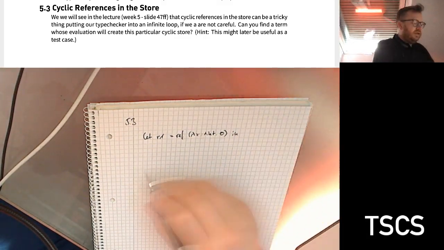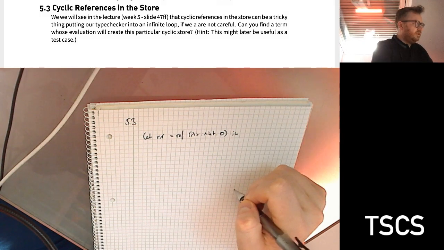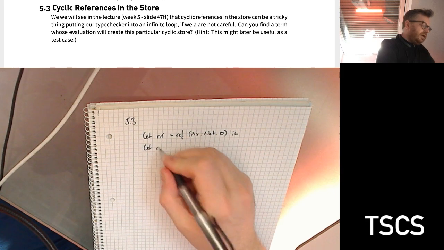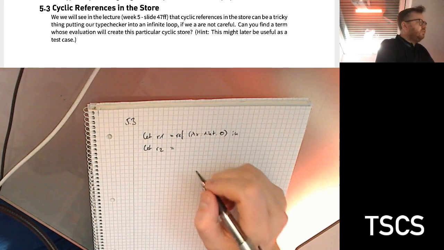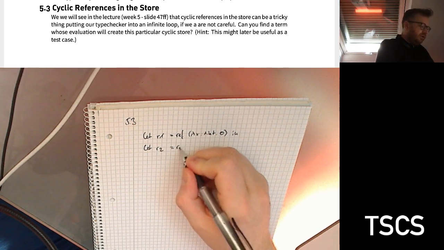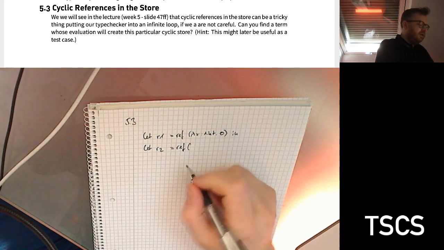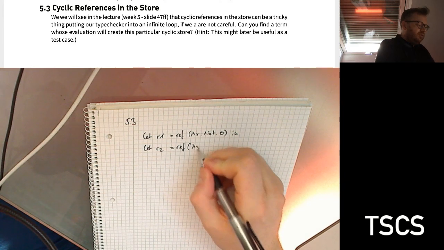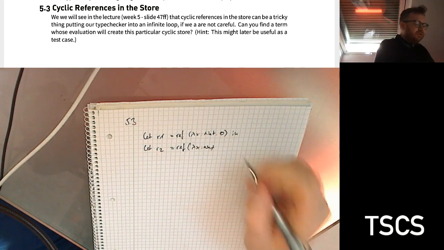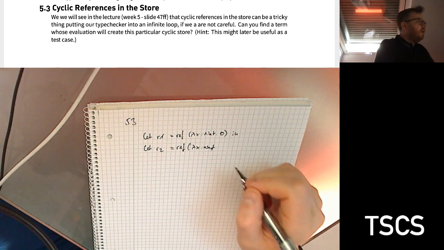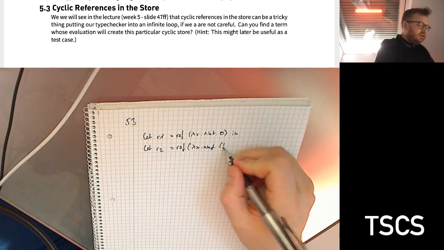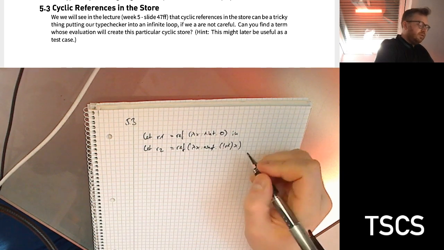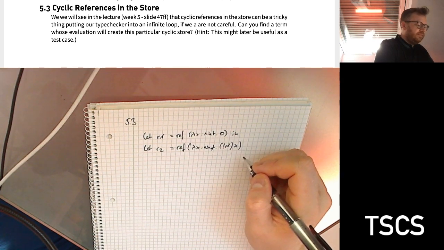So let in, and then the subterms. And then let's take another reference called R2 and construct that reference in a way that we would use this first reference. The way to do this is to construct again a function, and then use this other thing, dereference it, and apply x to that thing.